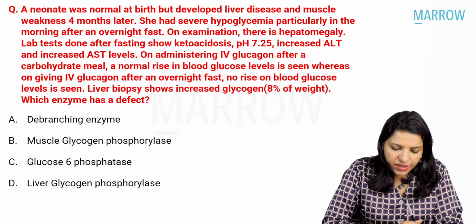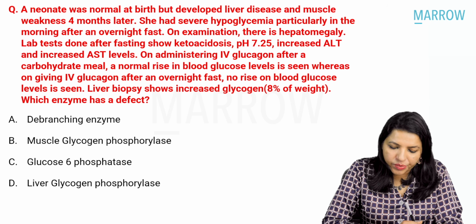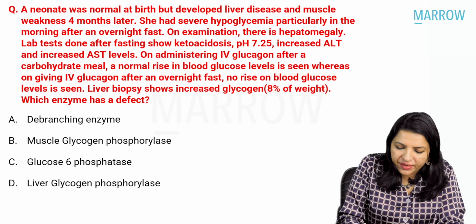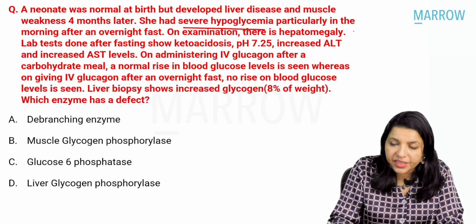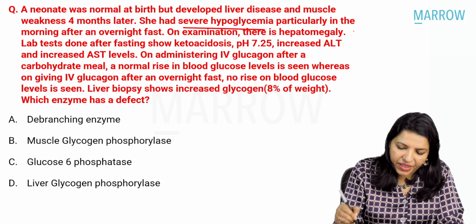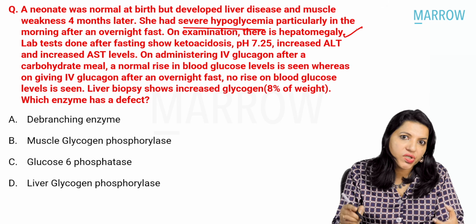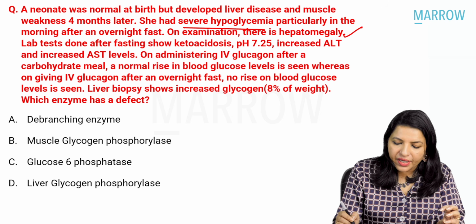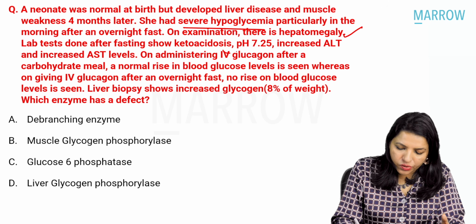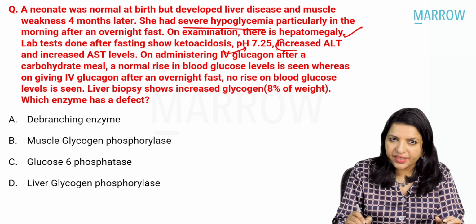Next: a neonate was normal at birth, developed liver disease and muscle weakness 4 months later. Severe hypoglycemia is there, particularly in the morning, so it is fasting hypoglycemia. Hepatomegaly is there, so it is pointing towards a glycogen storage disorder. Ketosis is there, then acidosis, so ketosis causes reduced pH, then increased ALT and AST.